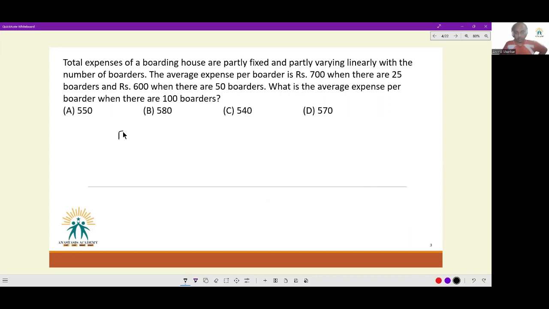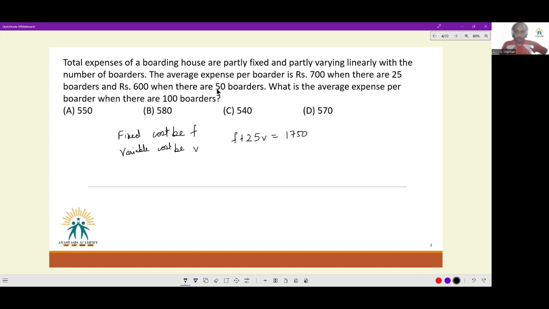Let's look at that. Let the fixed cost be F, variable cost be V, and the number of boarders B. So when there are 25 boarders, F plus 25V is equal to 700 into 25, which is 1750.